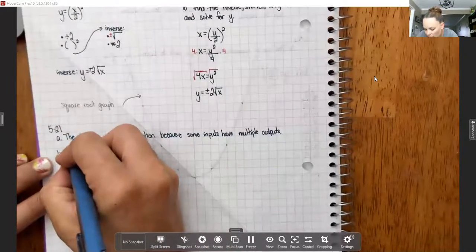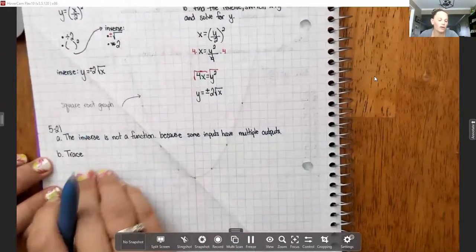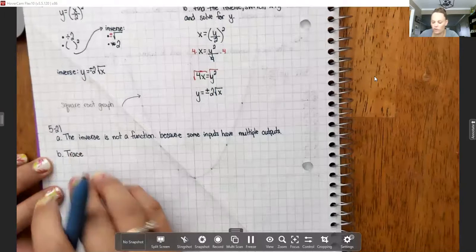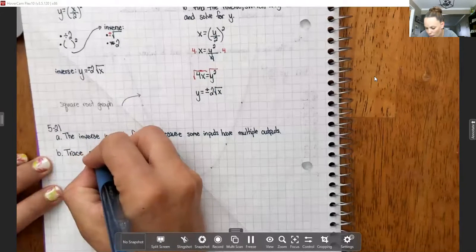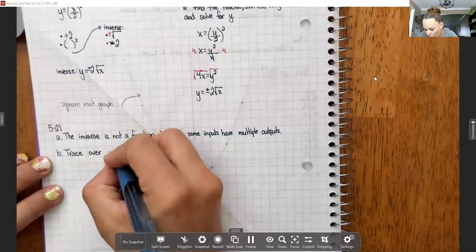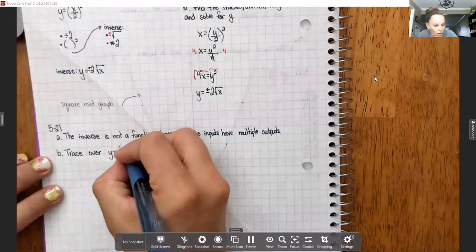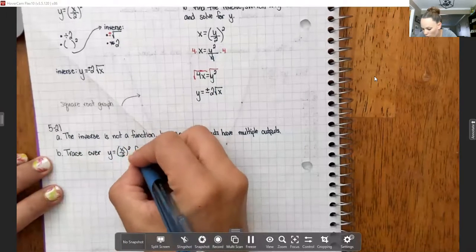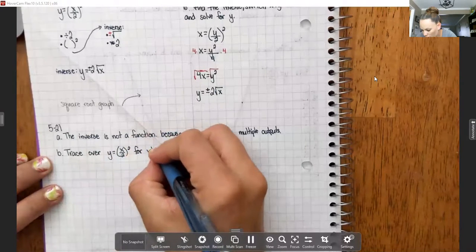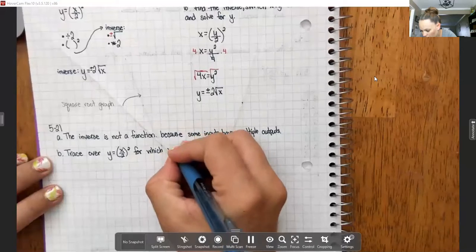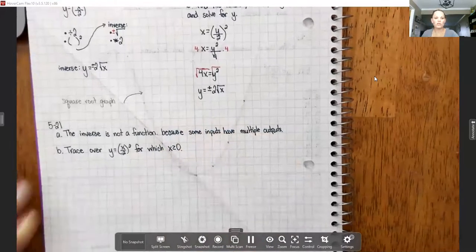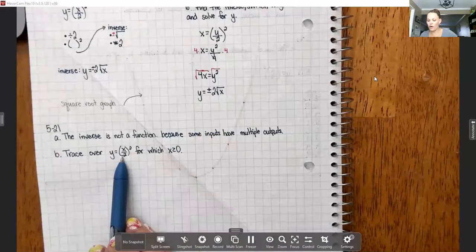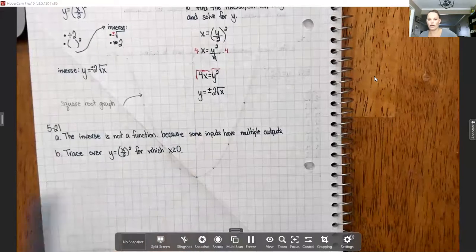So B says, I'm going to write the directions here in case you trace over the original for which x is greater than or equal to 0. So they want us to trace over the original graph when x is greater than or equal to 0.